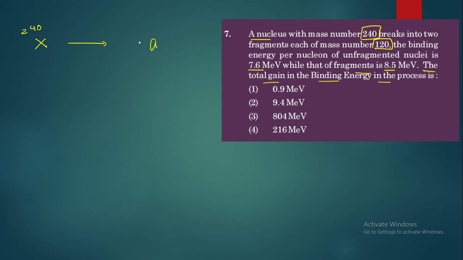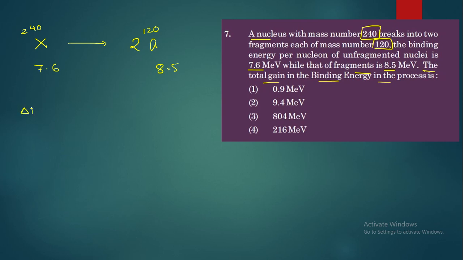So it breaks into two fragments whose mass number is 120. Now according to the question, for the reactant, the unfragmented part, binding energy per unit nucleon is 7.6, and that of the fragmented part or the daughter nuclei is 8.5.